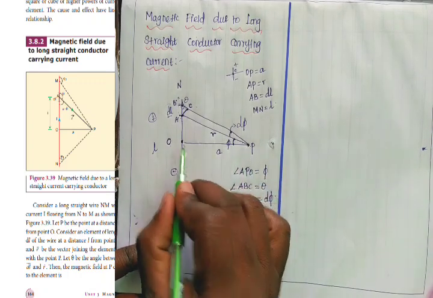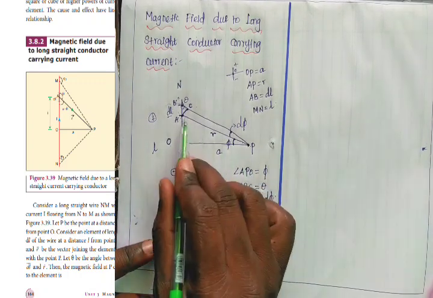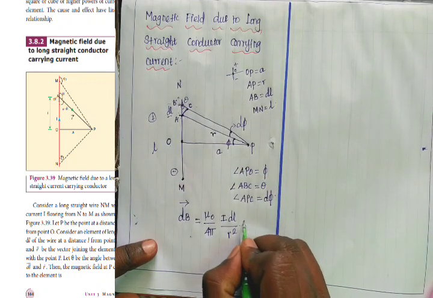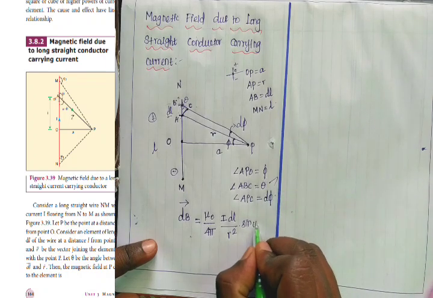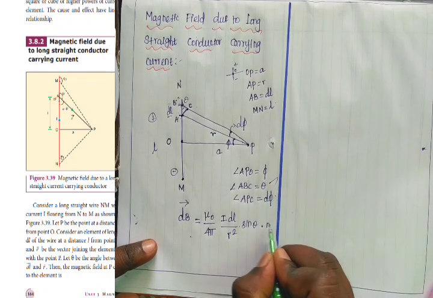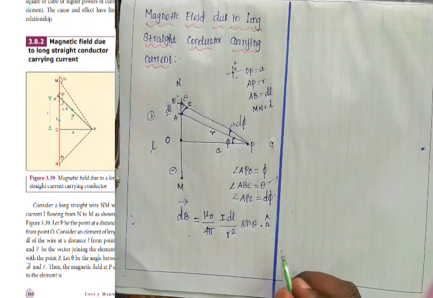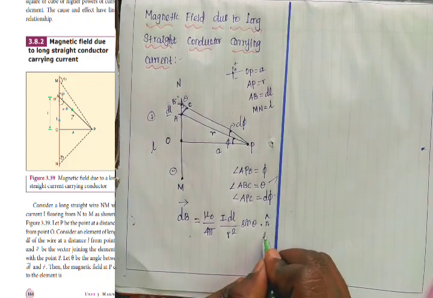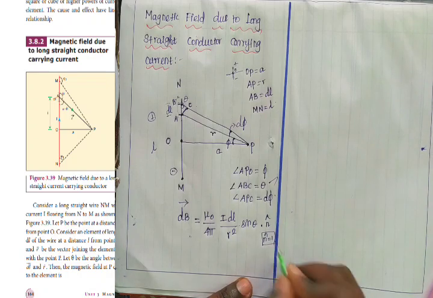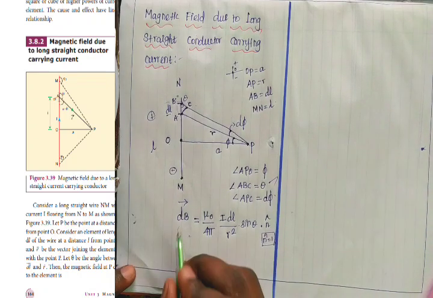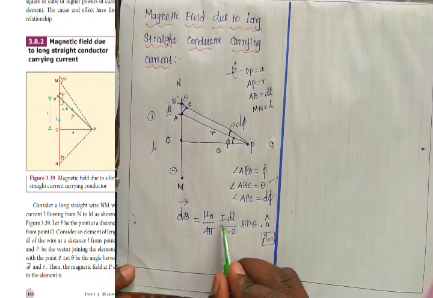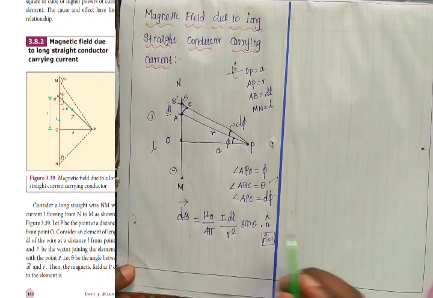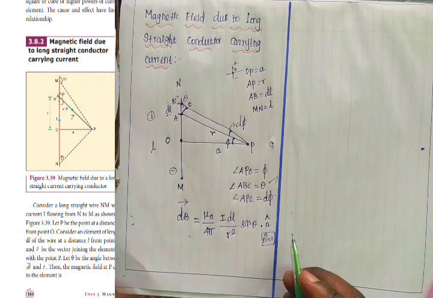So r is the distance from the point to the element, r squared. Next it makes some angle, sin theta, and the unit vector n cap. The unit vector does not change the value because its magnitude is 1. So dB, the magnetic field, is equal to mu naught by 4 pi, I dl divided by r squared, sin theta, n cap.